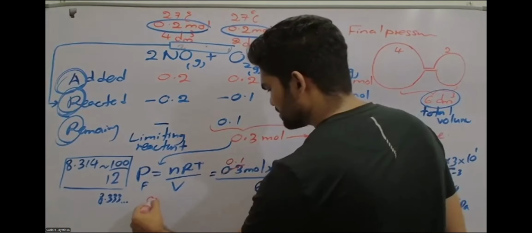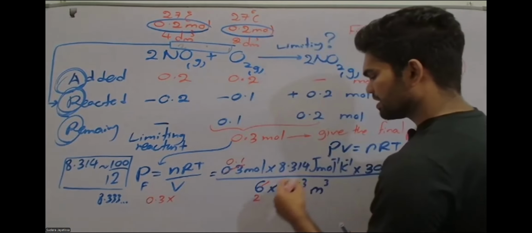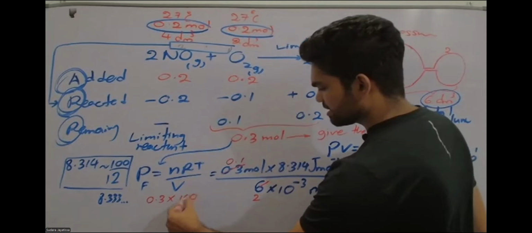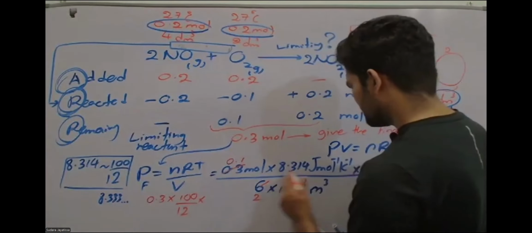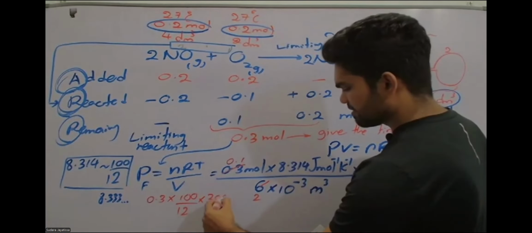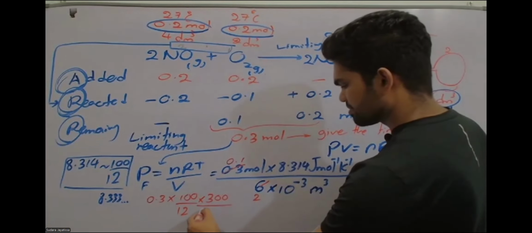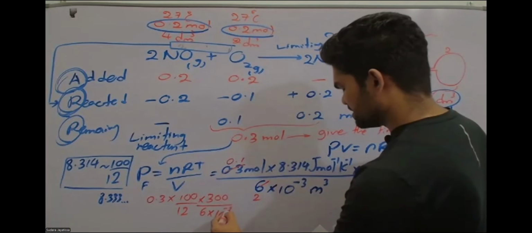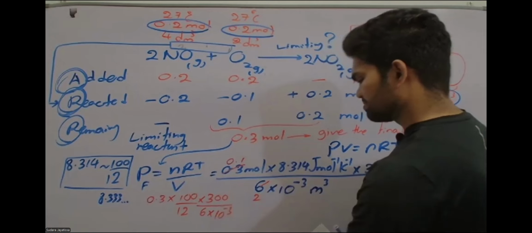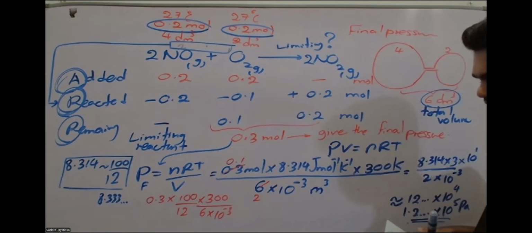So what do we have to simplify? 0.3 into 8.314. I'm going to write it as 100 over 12, and the temperature is 300 Kelvin, and our volume is 6 into 10 to the power minus 3. Now let's simplify and see.